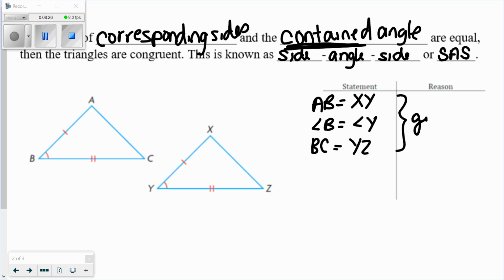Let's make it easy. Those are all given pieces of information. So since I have a side, another side, and the angle that's housed between them, we can say therefore triangle ABC is congruent to triangle XYZ because we have side, angle, side congruence.